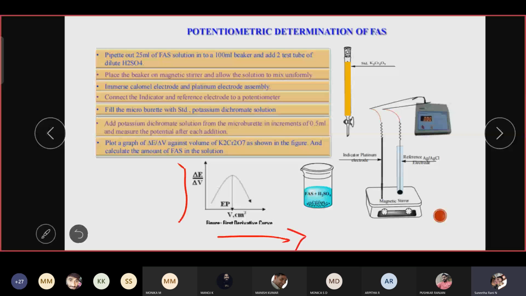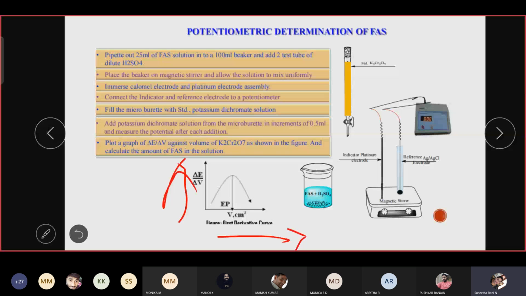When you plot the graph, you will get an inverted U-shaped parabolic graph. Where it shows maximum potential, that jump you are tabulating and marking in the graph as the equivalence point. This is how the potentiometer works.